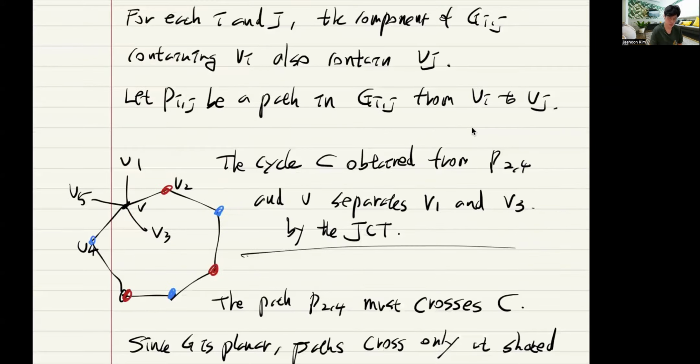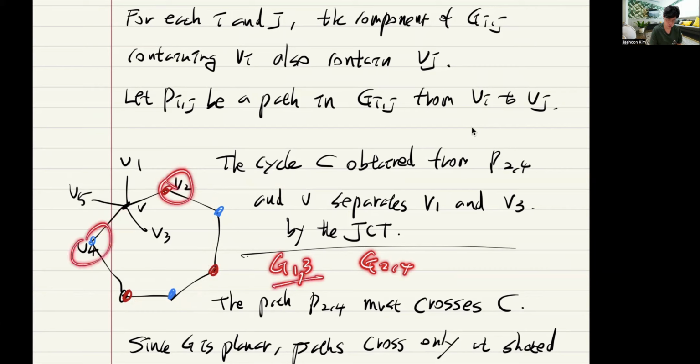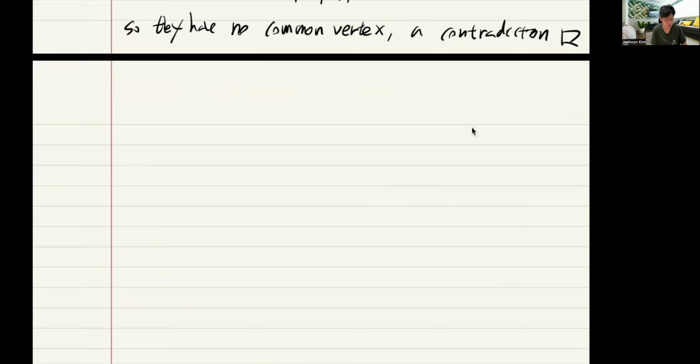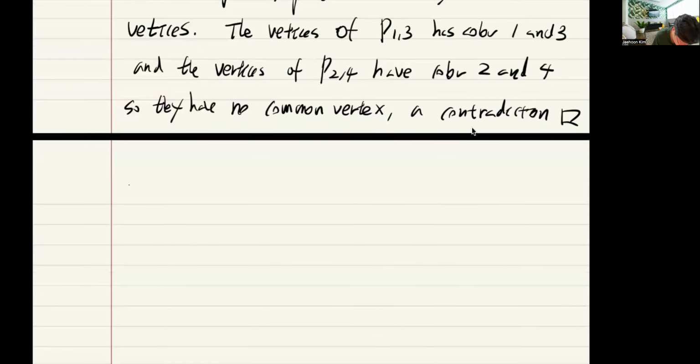Then what it means is that at least one of G_13 or G_24 contains a component which contains at most one of these two, not both. Then you can flip the colors in that component, and then you can extend the coloring of a smaller graph, G minus v, to G. Here you utilize the paths where two colors alternate on the path.